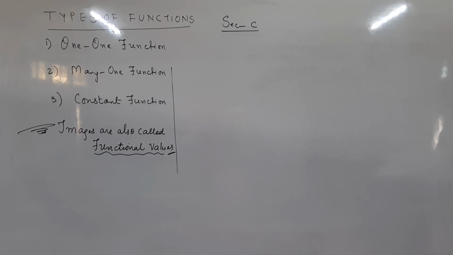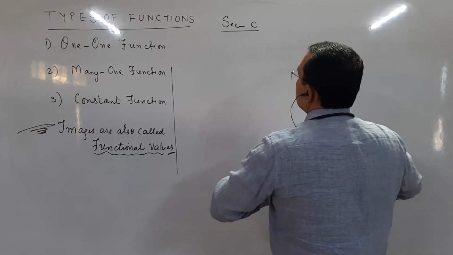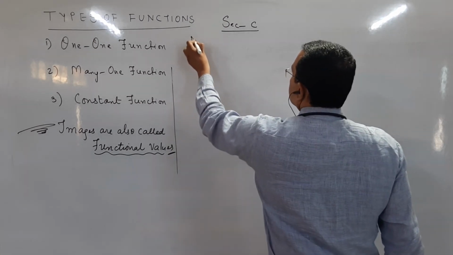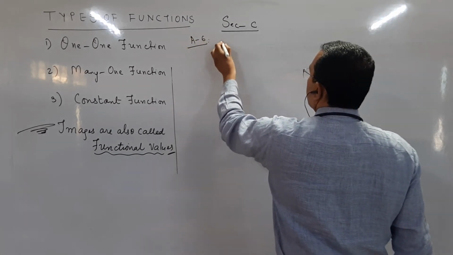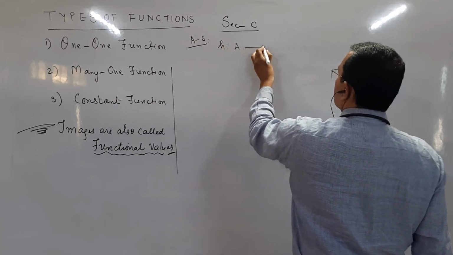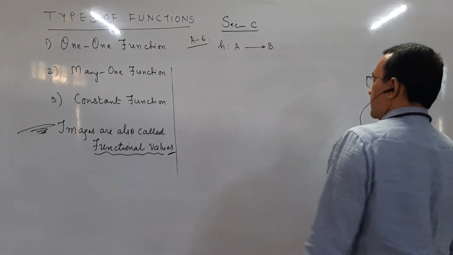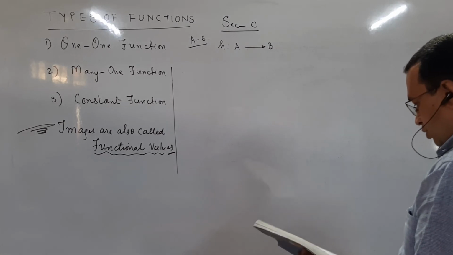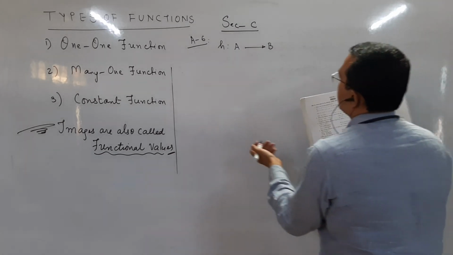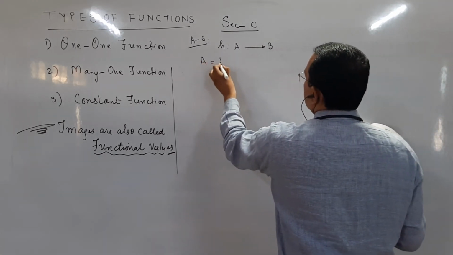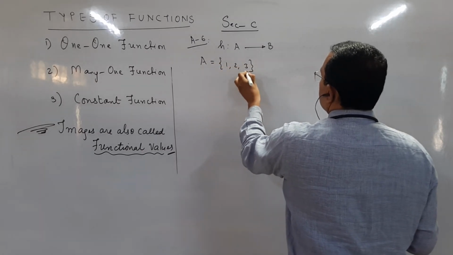Okay, question 6. H is a function defined from A to B. Answer 6. H is a function defined from domain A to codomain B. A is already given in listing method 1, 2, 3.